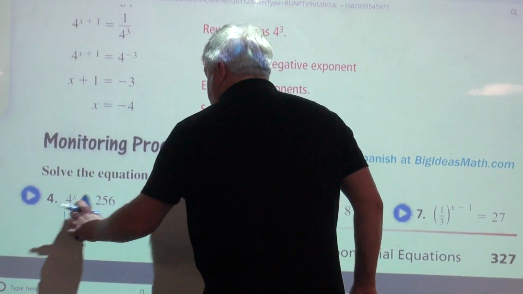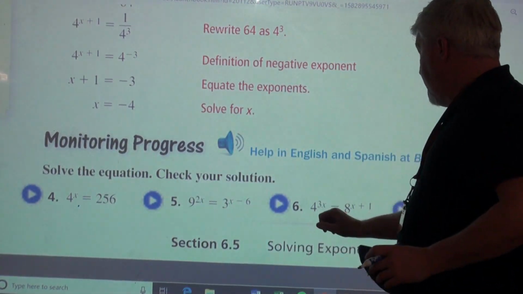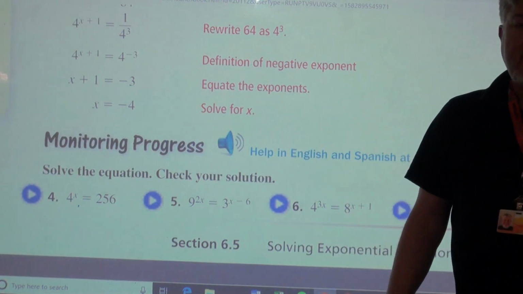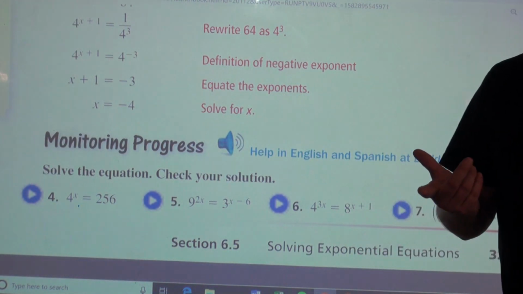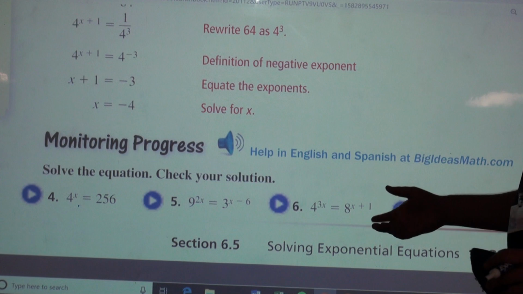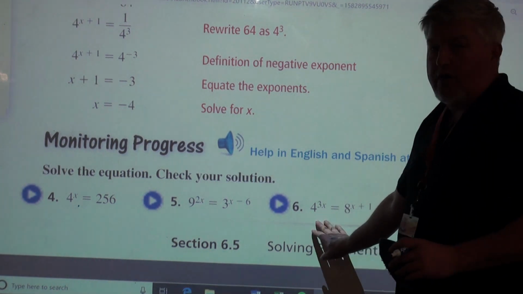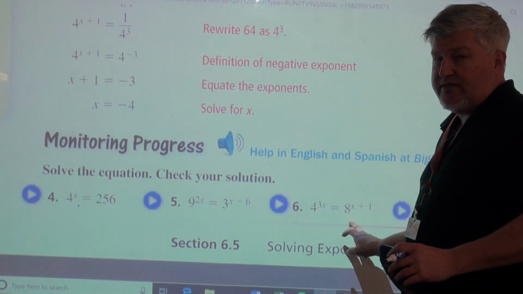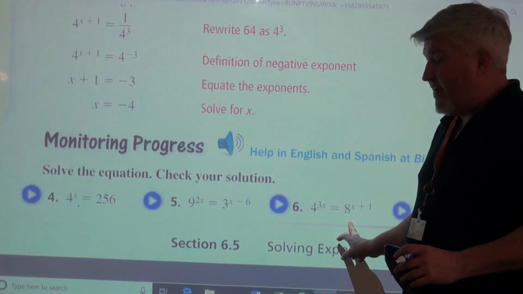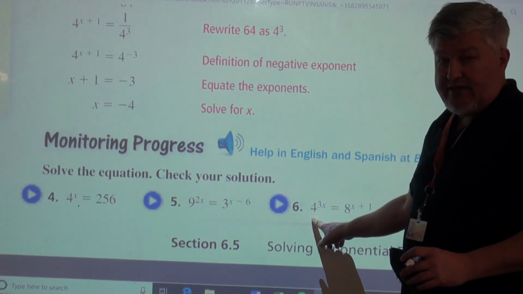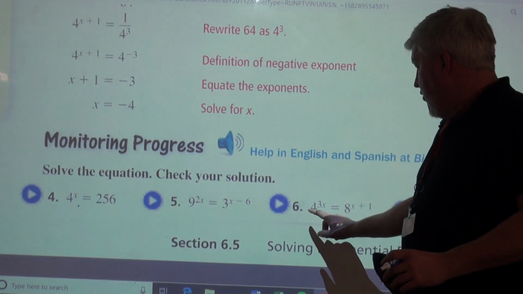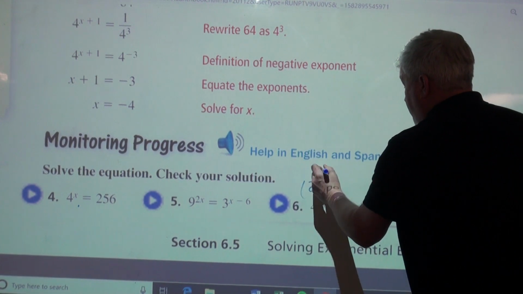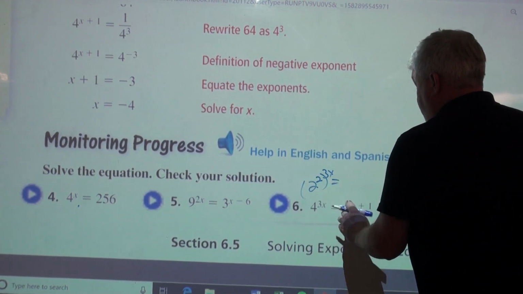Number 6. 4 to the 3x equals 8 to the x plus 1. You have to do that extra step here because the lowest base present here is 4, but 4 times 4 goes to 16, higher than this. What I need you to recognize is these both have a common base of 2. I can rewrite 4 as 2 squared raised to the 3x equals 8.